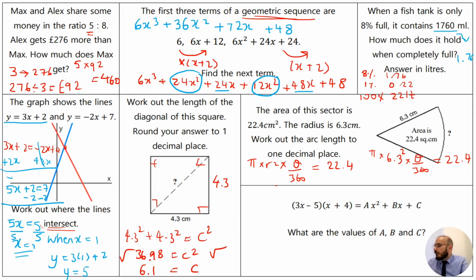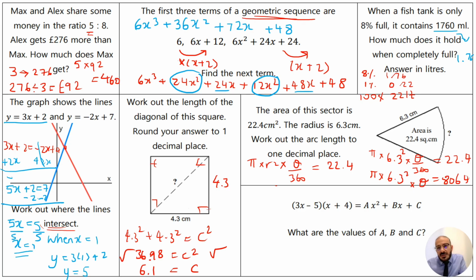So I need to times both sides by 360 to get rid of that 360 there. So if I do 22.4 times 360, 8,064. So I've got pi times 6.3 squared times theta is equal to 8,064.